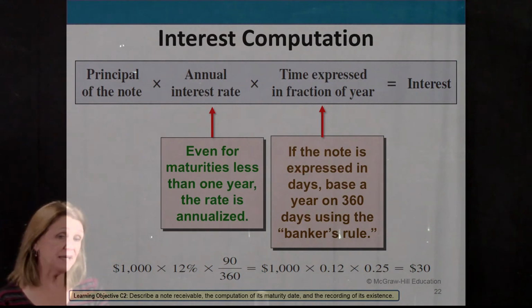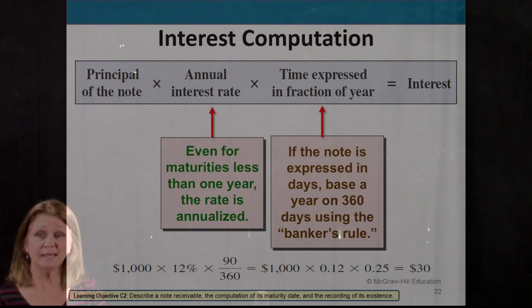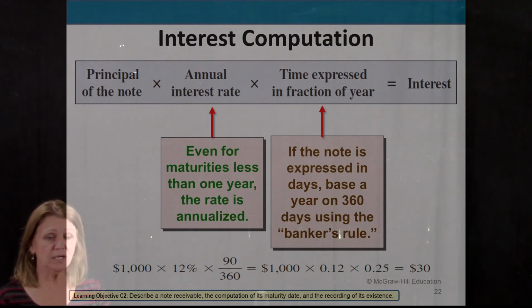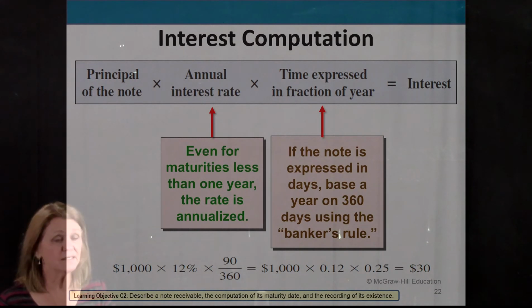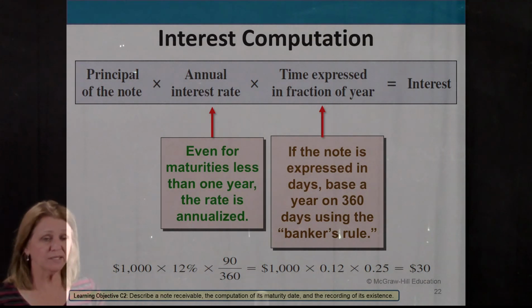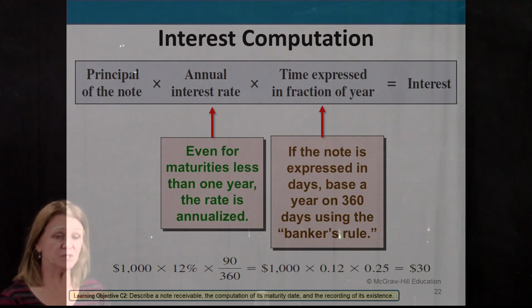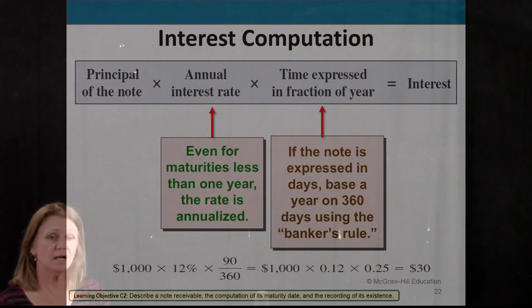If the note is for less than 1 year, then the interest rate is annualized. So here we're talking about 90 days. So it's $1,000 times 12% times 90 divided by 360, because this is only 90 days. So it equals $1,000 times 0.12 times 0.25 equals $30 in interest.